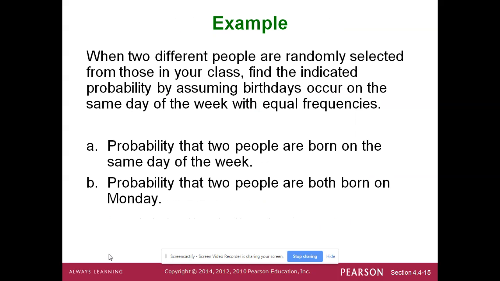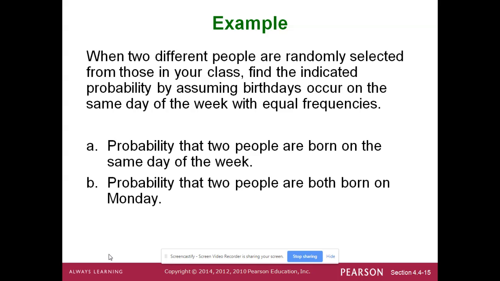All right, here's another example. 2 different people are randomly selected from those in your class. Find the indicated probabilities by assuming birthdays occur on the same day of the week with equal frequencies. So we're going to assume that the probability of a birthday on a Monday is equal to the probability of a birthday on a Friday. I don't know what the numbers say about that worldwide, and I don't know if it is exactly that, but I would think it would be close.